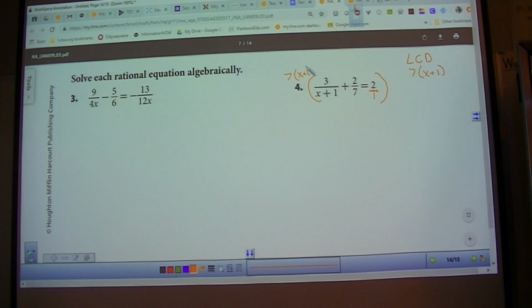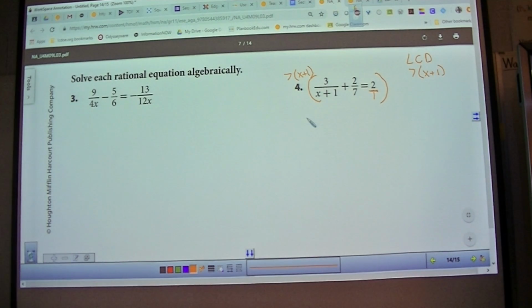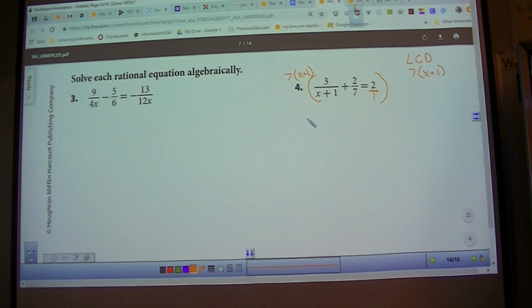This is not 7 times x plus 1 over, is it? Not over at all. If you did, you'd end up back at what you started, and it wouldn't really be that helpful to you, okay?